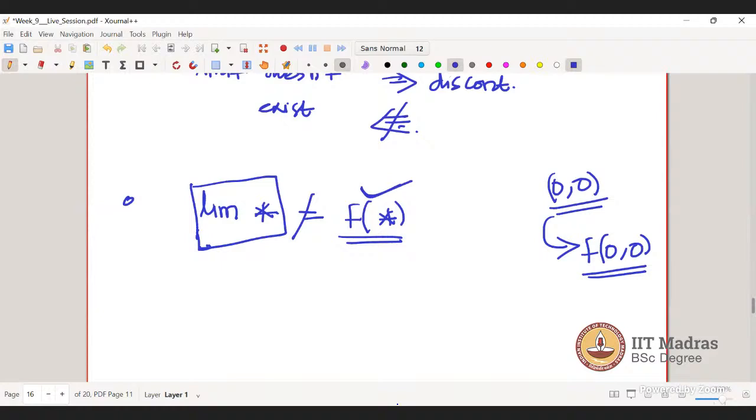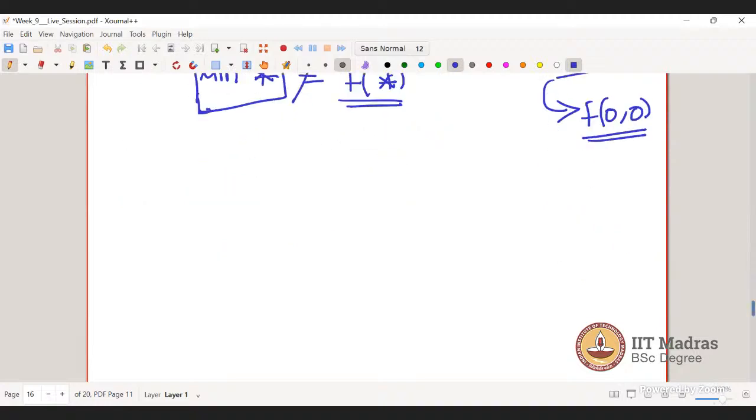But as someone already said, there is something called removable discontinuity. You can remove it, but anyway you have to modify it. Okay. Sir, just an extension to this question, we discussed continuity and limit.